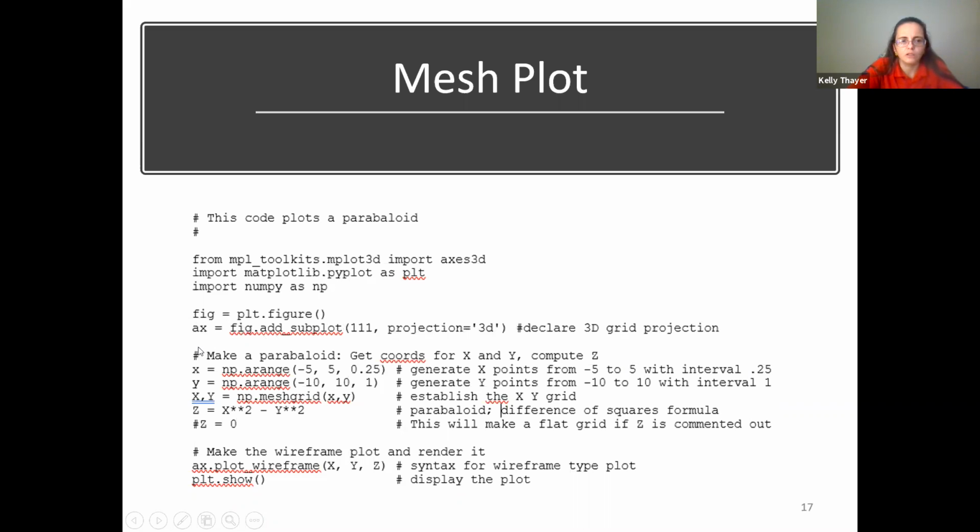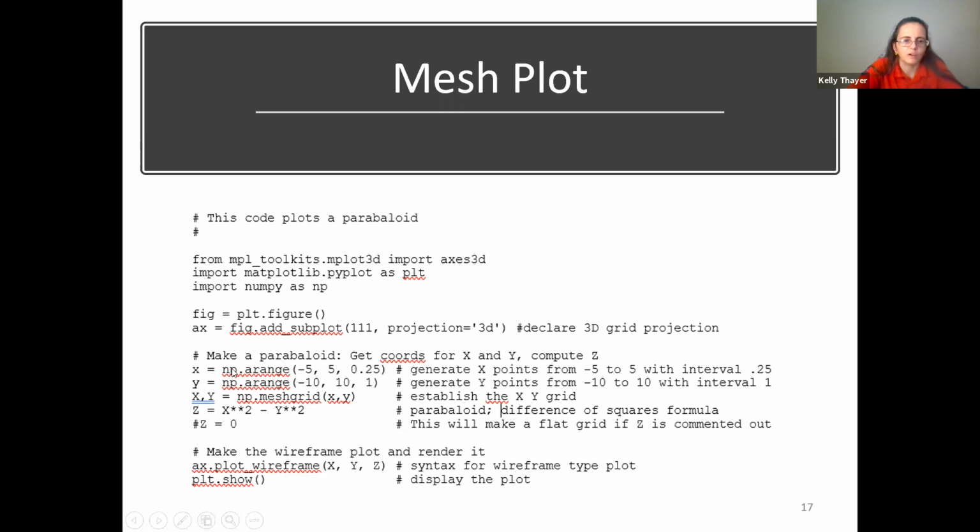The next thing we need to do is make the paraboloid. So we're going to get the coordinates for X and Y, and then compute Z based on that. So here we are going to use numpy.arange, right? So arange is going to generate the numbers over the -5 to +5 interval at 0.25.